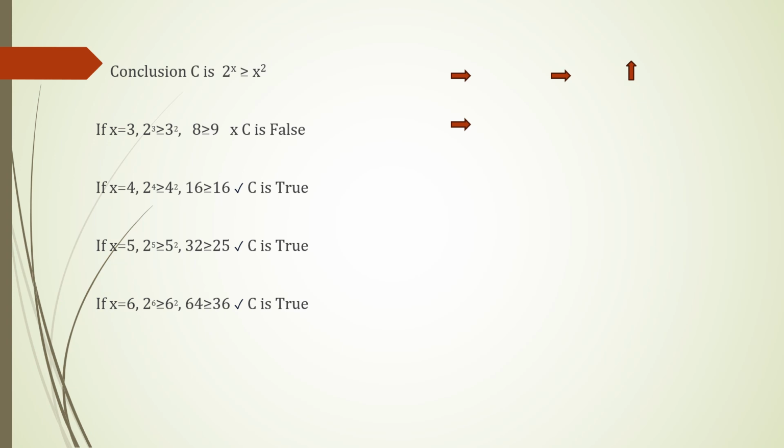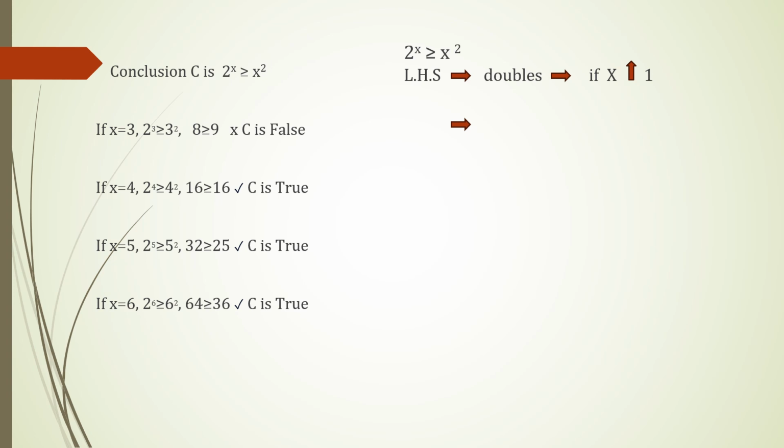Now if you look at the pattern, we can see that x is increasing by 1 in each of these steps. As x increases by 1 in each step, in the conclusion the left-hand side is doubling: 8 to 16, 16 to 32, 32 to 64, and so on. So the left-hand side doubles as x is increased by 1.